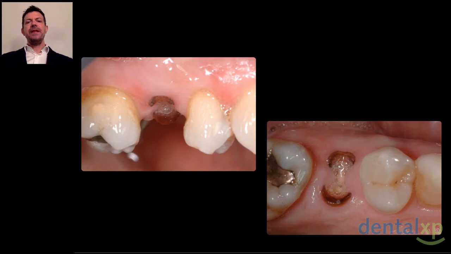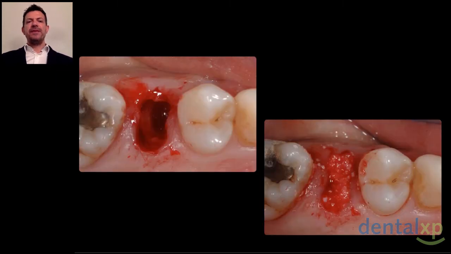This tooth is hopeless. We performed a flapless extraction, preserving the original anatomy of the soft tissues. After root extraction, the socket is debrided and rinsed with saline solution, and then we graft this biomaterial.